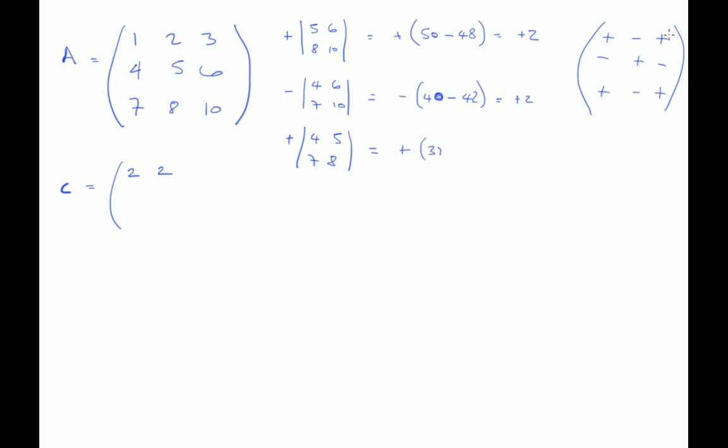So we get this plus minus plus, plus minus plus. So 32 minus 7 fives are 35. So this is minus 3. Plus minus 3 is minus 3.